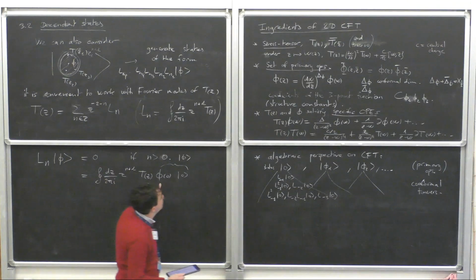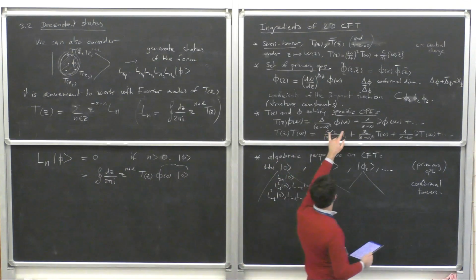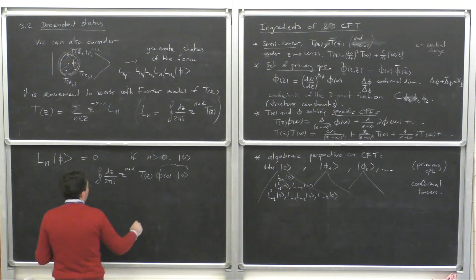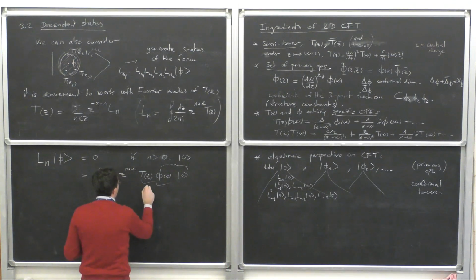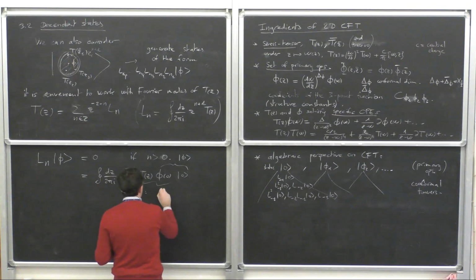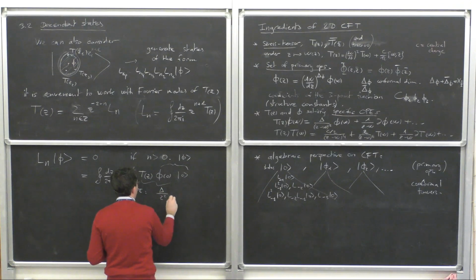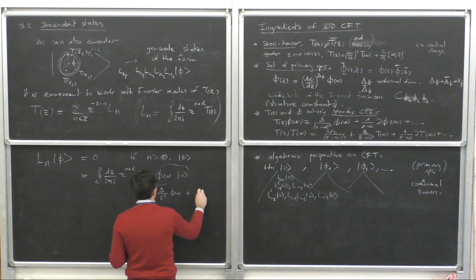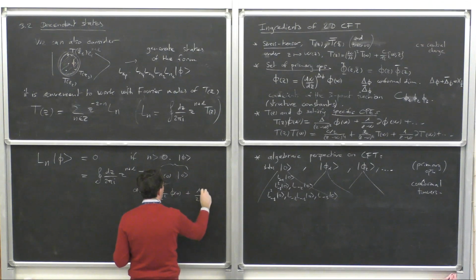Now here you can use the operator product expansion. And you see that this gives you delta over z squared phi of 0 plus 1 over z d phi of 0 plus regular terms.